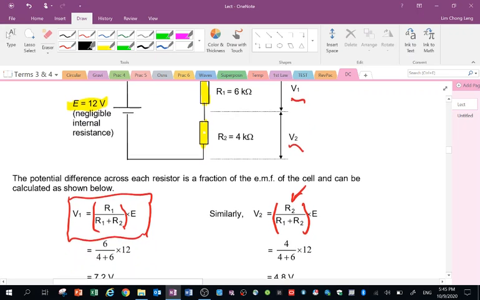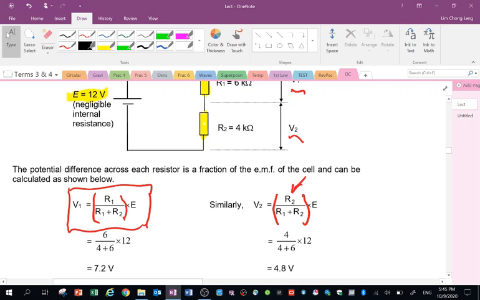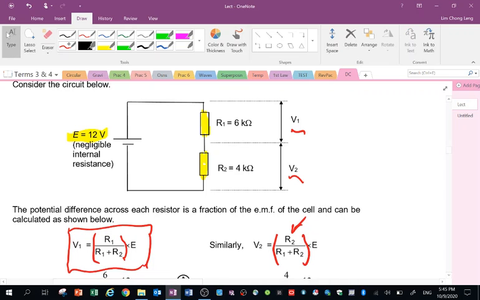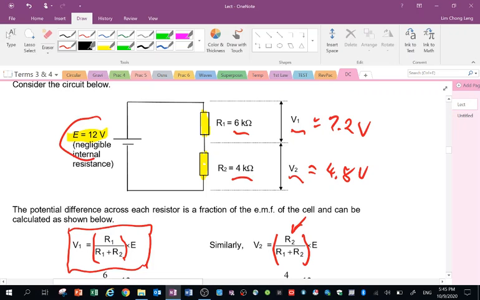Here, if you make the calculation, you will get the PD V1 as 7.2 and the PD across R2 as 4.8. Okay, let me write down. There is a shortcut in doing this. If you look at the total resistance, you have 10 kilo ohm, so we call that 10 units. Suppose I want to divide the 12 volt PD into two parts in the ratio of 4 to 10.